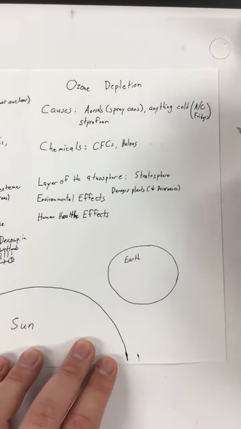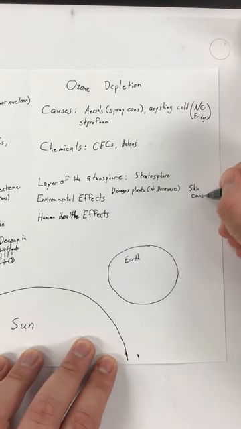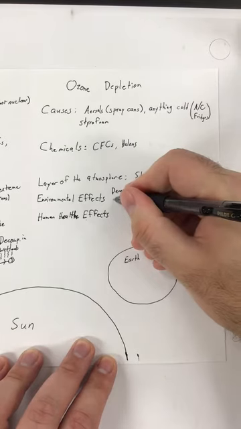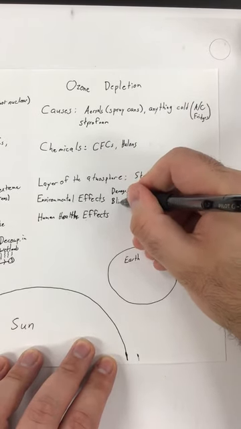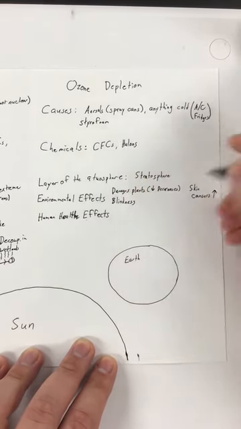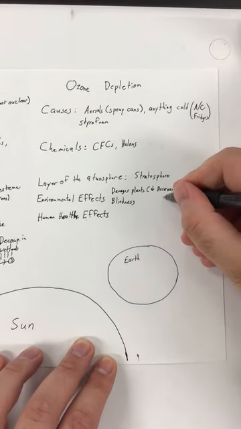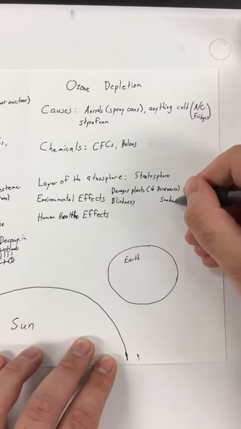A big one is that it increases rates of skin cancer. It can cause blindness. And then, sort of like skin cancers, it increases rates of sunburns.